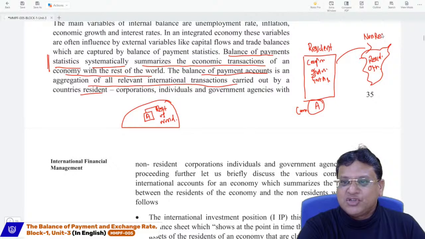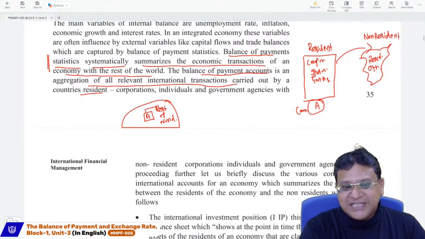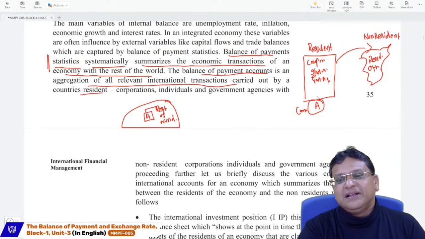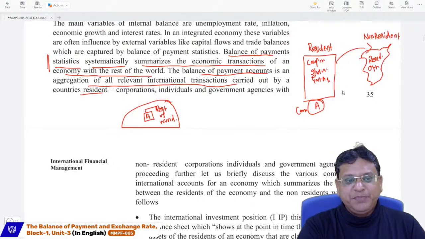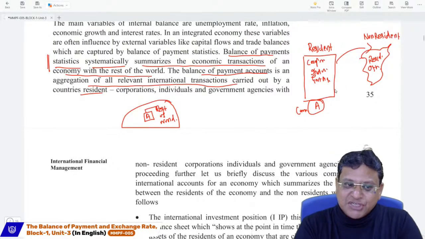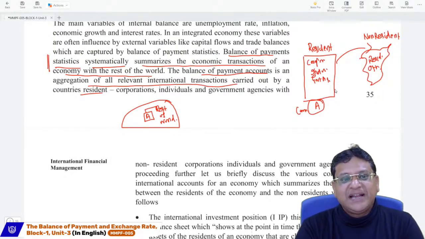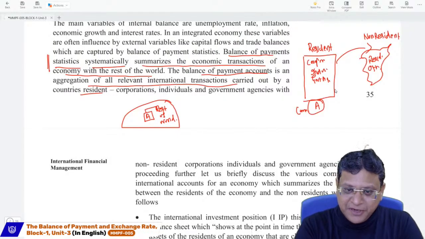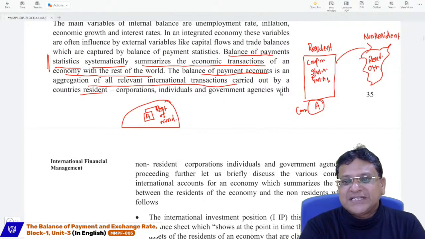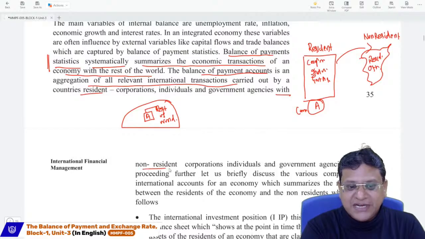So the transactions between residents of a country and non-residents are recorded in a statement that is known as balance of payment. So BOP is a systematic record of all international transactions carried out by residents of a country with non-residents. Who are non-residents?